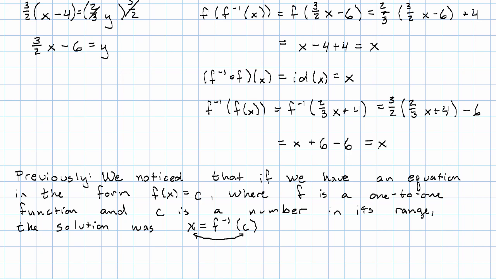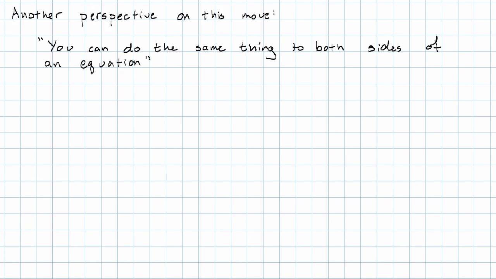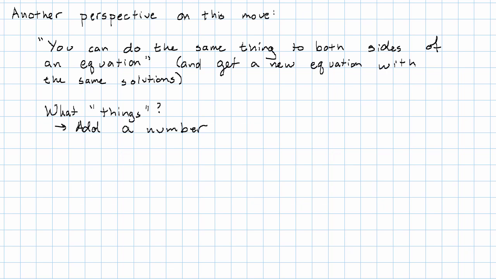But there's another perspective here. We have this sense that we can do the same thing to both sides of an equation, and get an equivalent equation with the same solutions. Our basic repertoire of same things, well, we can add a number, or of course subtract, because subtraction is just addition in disguise.